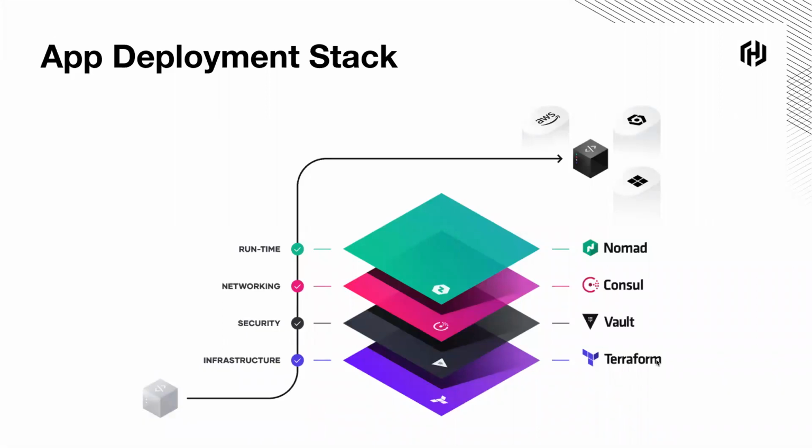You then have to manage all of the secrets associated with your applications and your infrastructure with Vault. And Consul helps you connect everything together, and Nomad is what addresses the runtime layer of being able to run your applications and scale your applications, right? So this is, in a nutshell, what HashiCorp does.